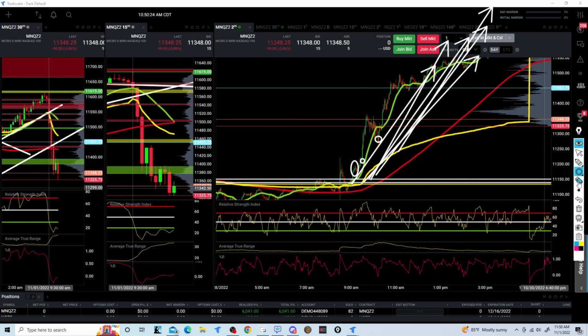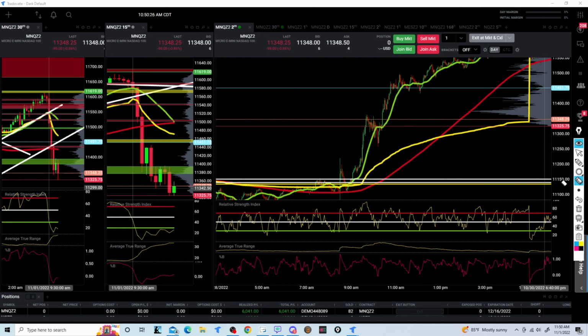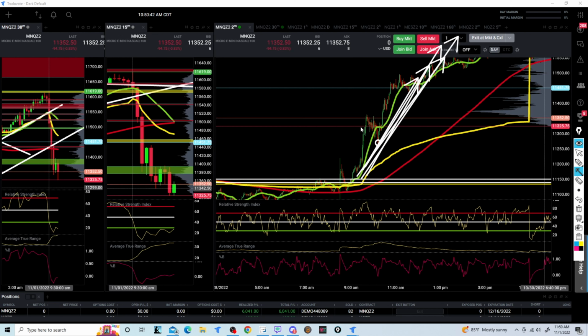But this is the power of the 20. Even though you could be wrong, with a powerful direction of the 20, it's going to take you with it. The water is just too powerful. So even if you get in the wrong location, the current is going to take you with it.